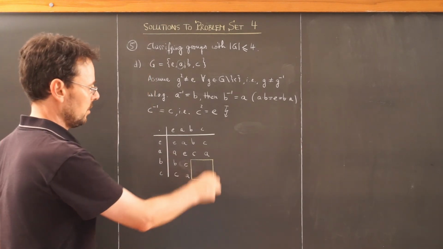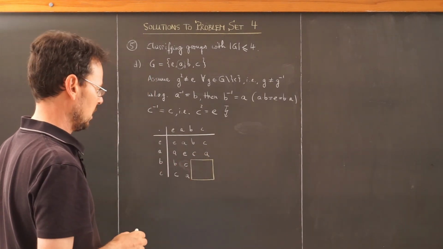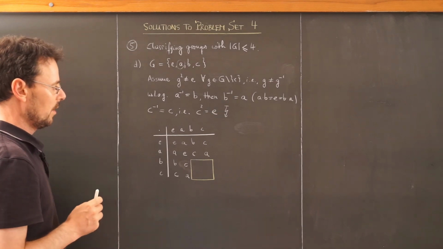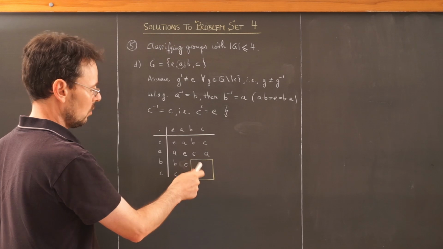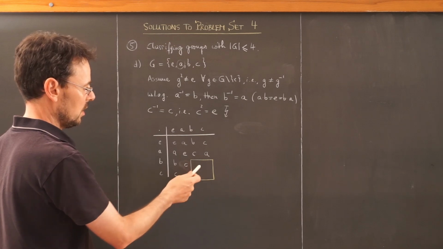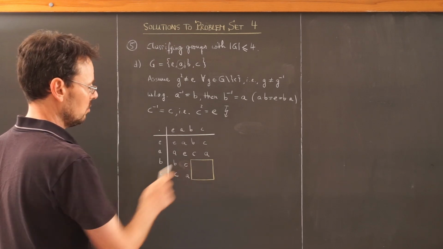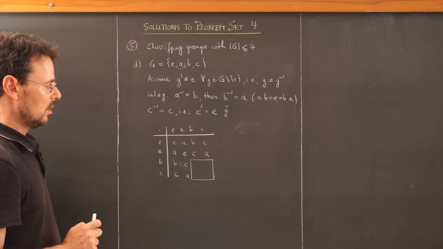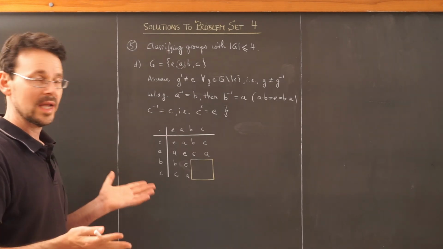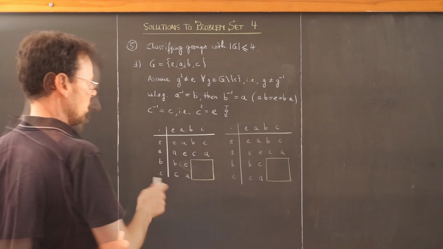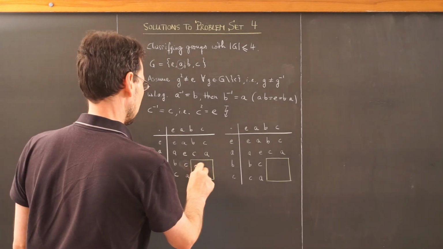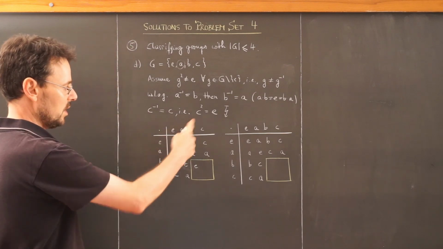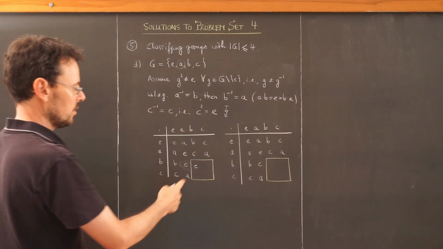So we are left with this 2 times 2 square. Now B times B could actually be E, the identity, or it could be A. And both cases are actually possible. Okay, so in the first case we have B squared is the identity, so B also is its own inverse.